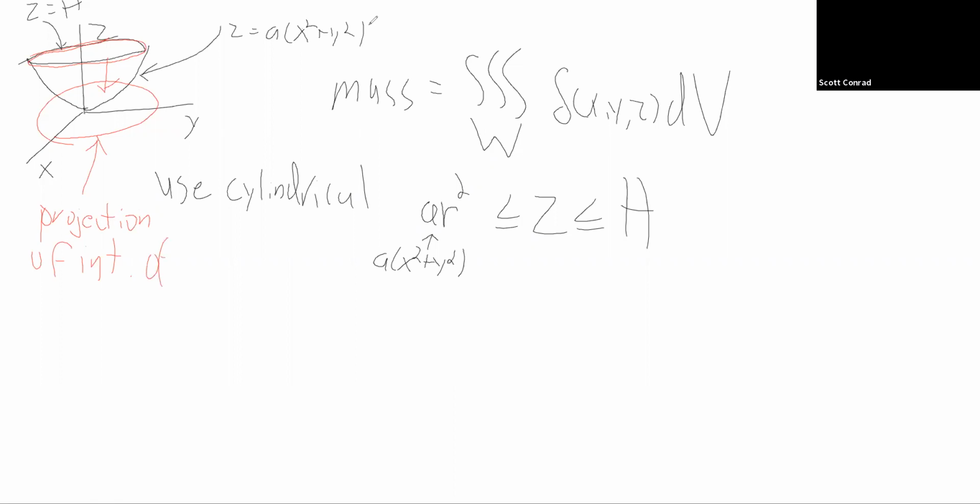So it's the projection of the intersection of z equals h and z equals a times x squared plus y squared. Since we have z equals something in both, we can just set the right-hand sides equal to each other.